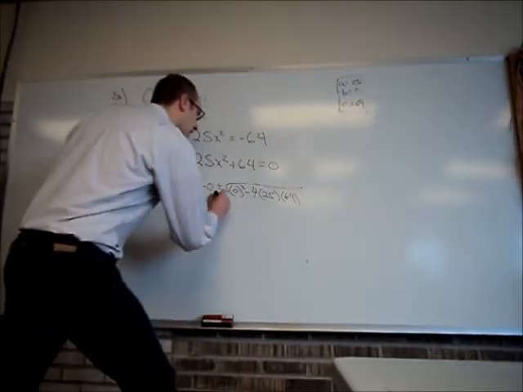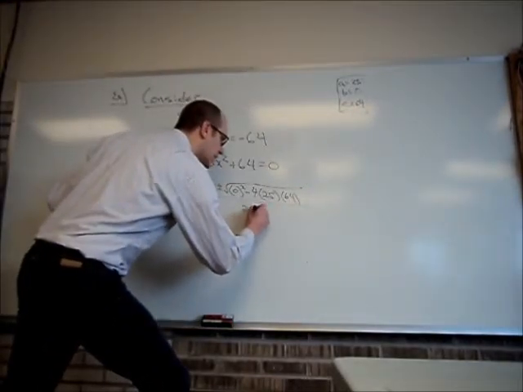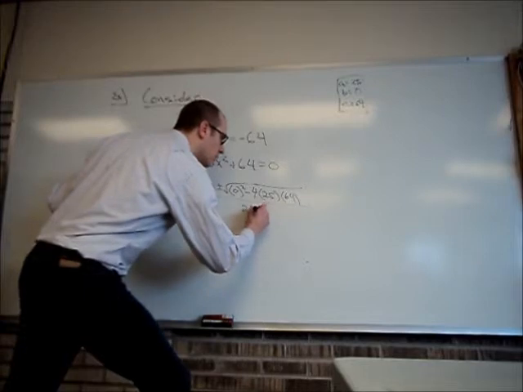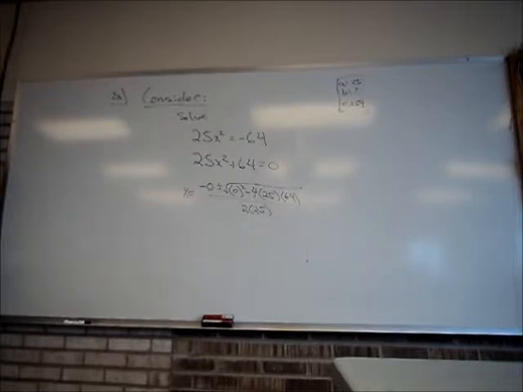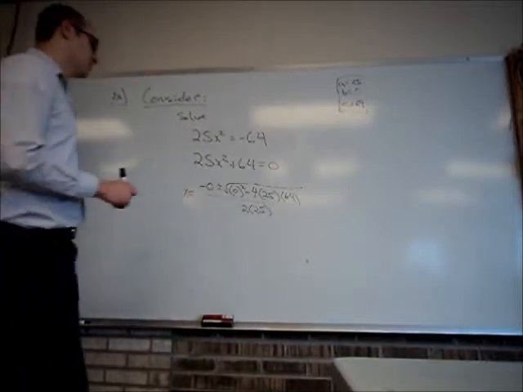Okay? And we'll divide that by 2 times a. Minus b plus or minus the square root of b, 0, b squared minus 4 times a times c. We'll divide that by 2 times my a value.